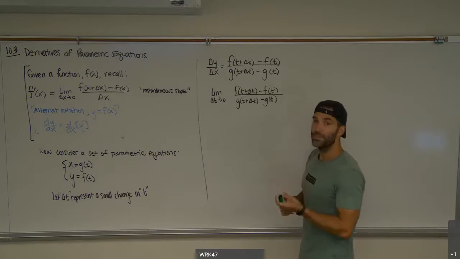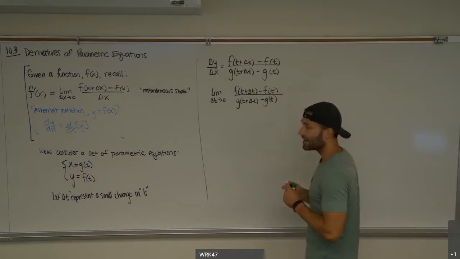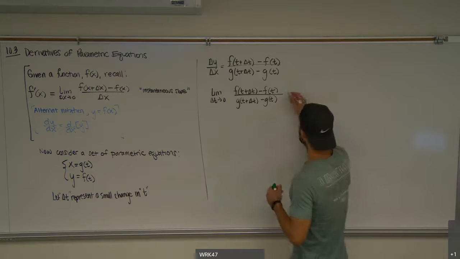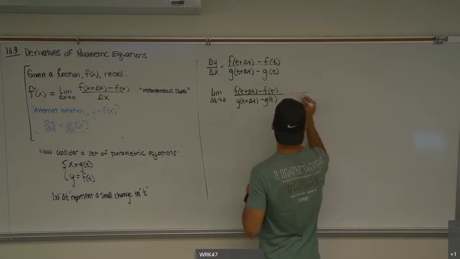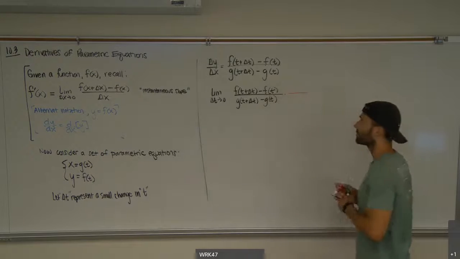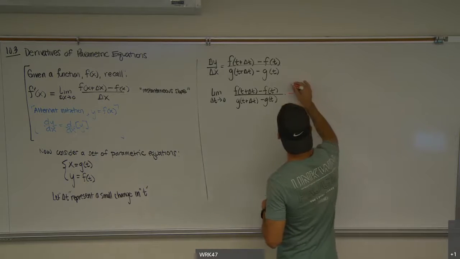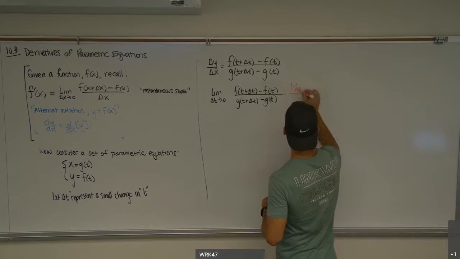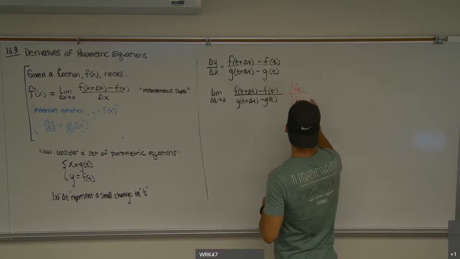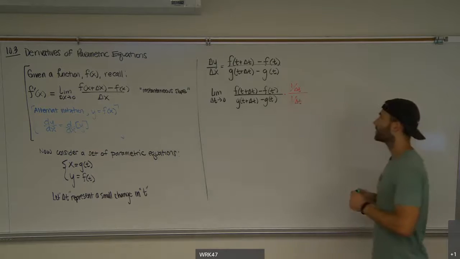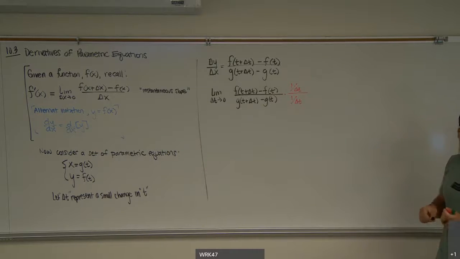But I'm going to manipulate this without actually changing it by multiplying this expression by 1. What will that 1 be? Well, very simply, I'm going to do it as 1 over delta t, and 1 over delta t.